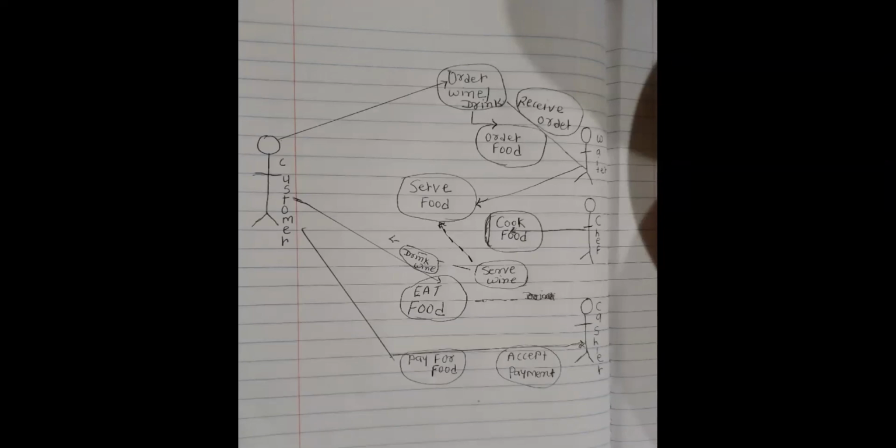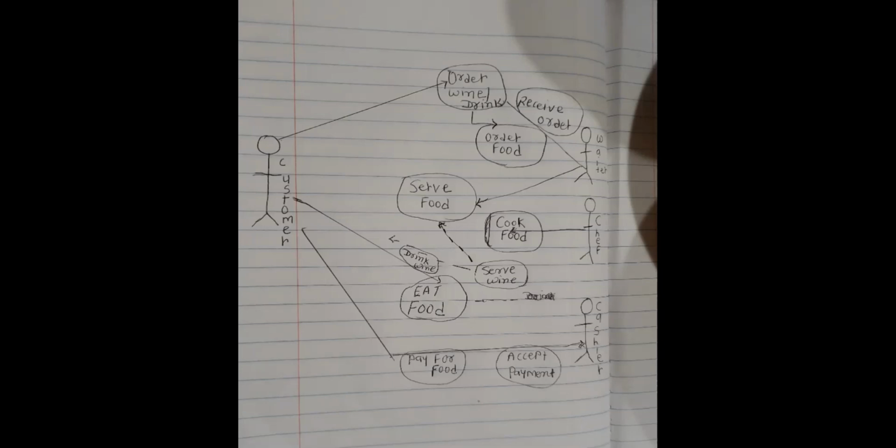So the customer is on the left side, ordering the wine and drink with the ordered food. Then the waiter on the top is receiving the order, and then the waiter is the one coming to serve the food.